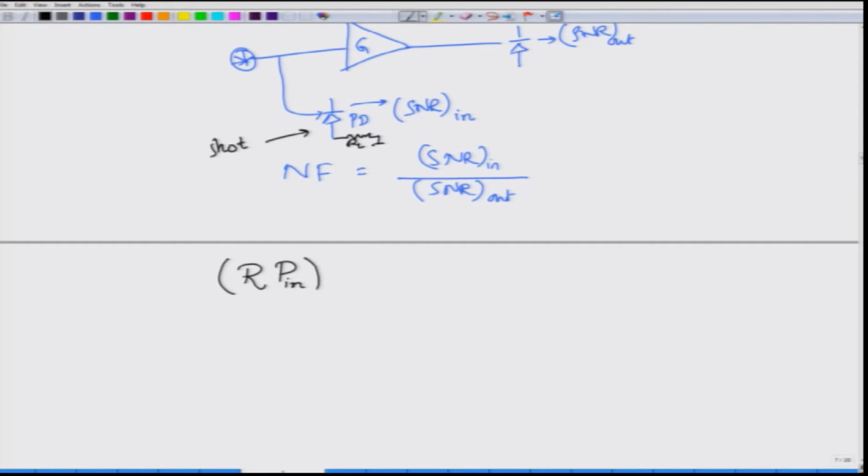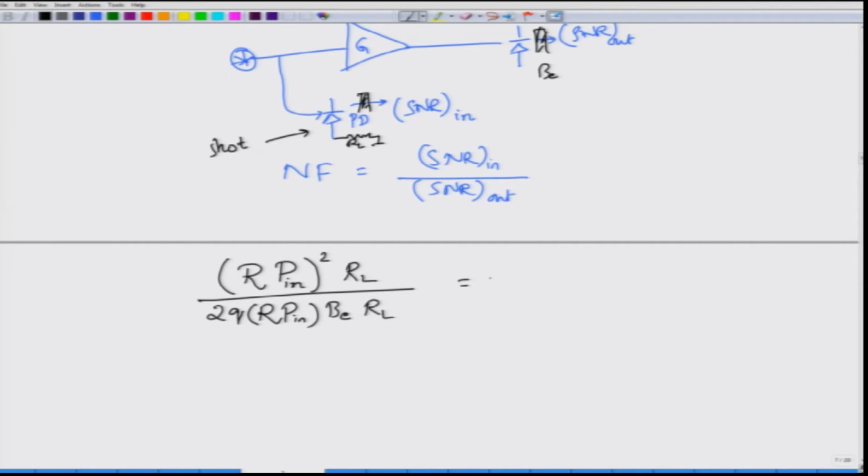This is the photocurrent R P in. Photocurrent squared times R_L will give you the signal power, divided by the noise power, which is given by 2q R P in, which is the photocurrent, times B_e, the electrical bandwidth. Okay, we are implicitly assuming that you have an ideal low pass filter after the photodetector having a bandwidth of B_e, times R_L, because this noise also gets dissipated in the load resistor itself.